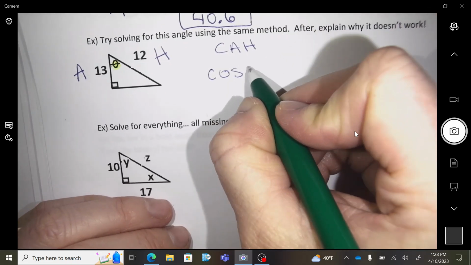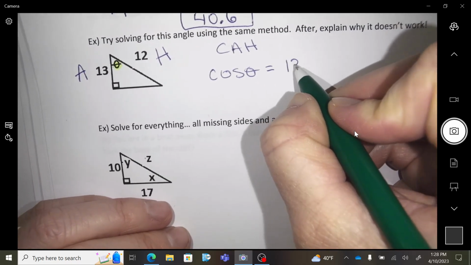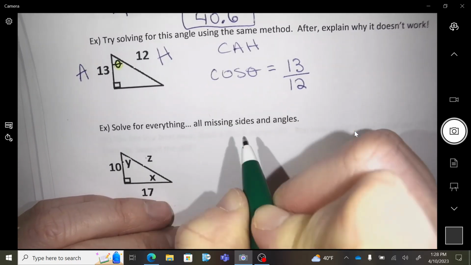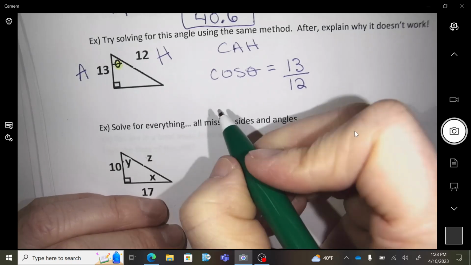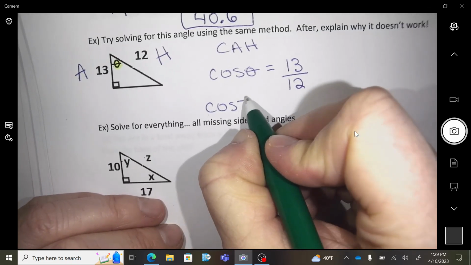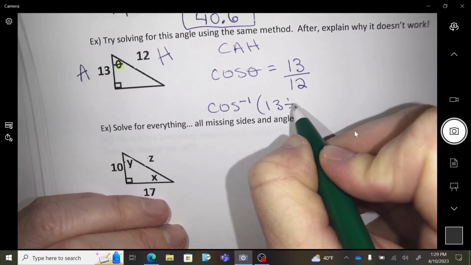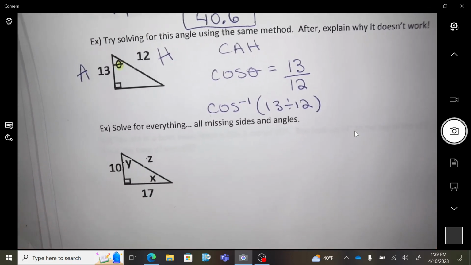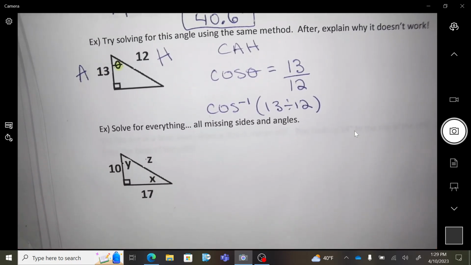So cos of the angle equals the 13 over the 12. Which means my typing would look like that. Cos inverse of, and then that fraction.